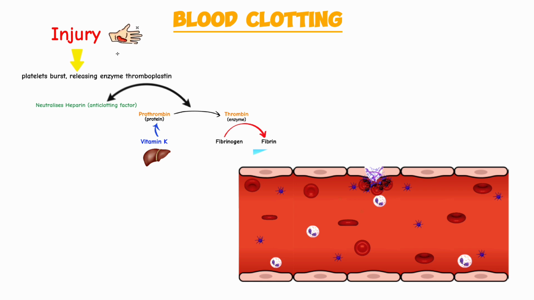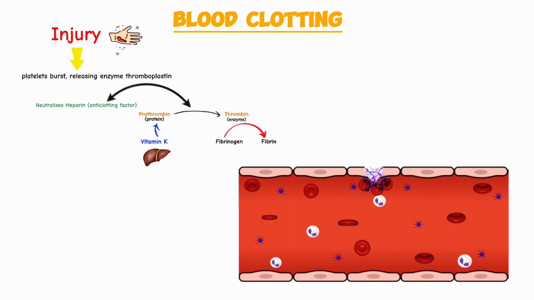We do not want blood clotting in normal cases. And that is the reason why fibrinogen is only converted to fibrin when blood vessels are injured. Otherwise, if it were in the form of fibrin within our blood, it will form a clot and will end up blocking the blood vessels and interfering with the circulation of blood.